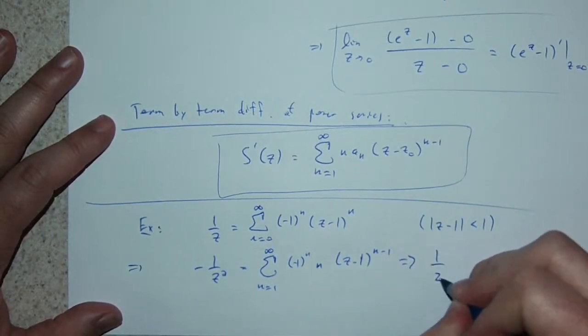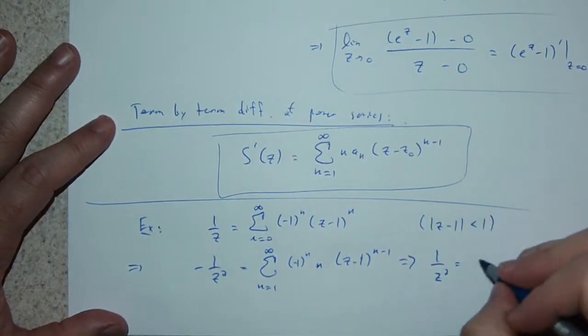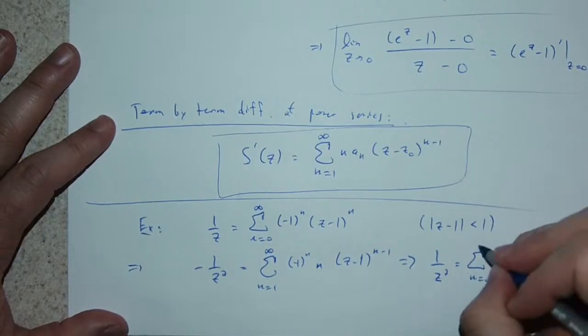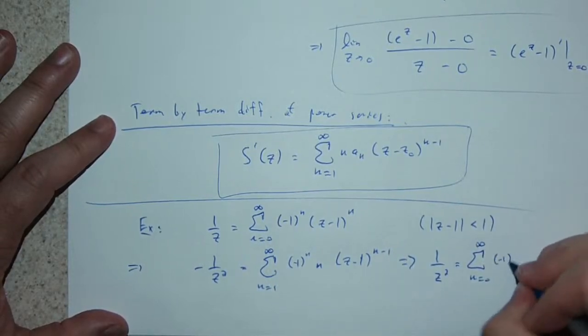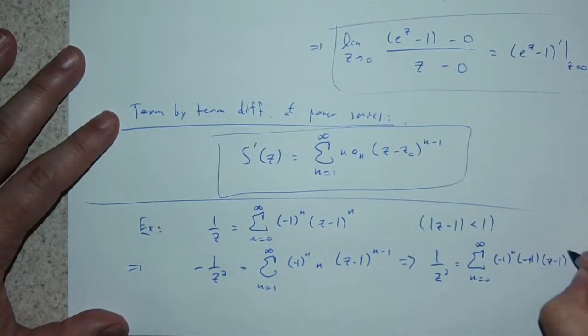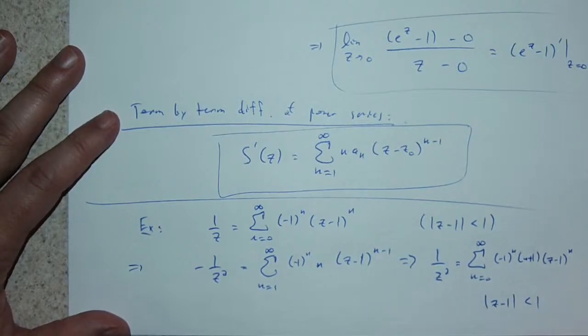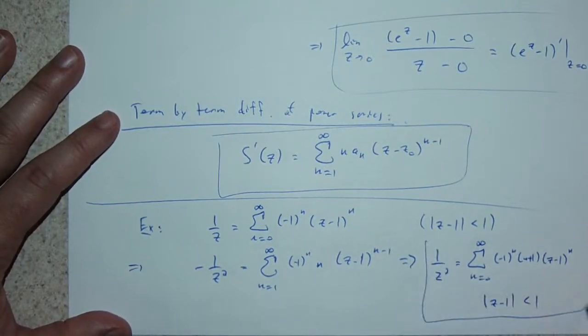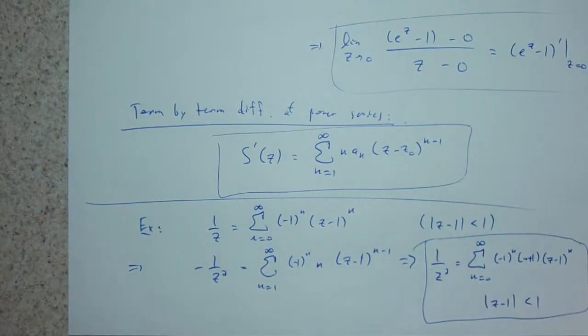So 1 over z squared can be written as the sum from n equals 0 to infinity of minus 1 to the n times n plus 1 times z minus 1 to the n, and this is valid on the modulus of z minus 1 strictly less than 1. So look, I was able to write this expression for 1 over z squared directly from the formula for 1 over z. All right, so that's pretty cool.